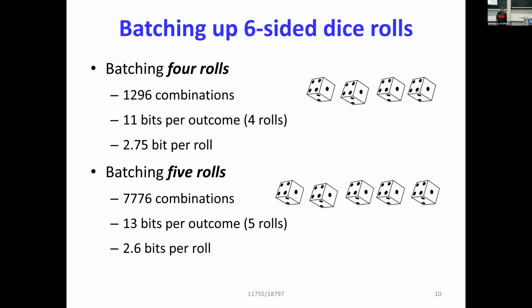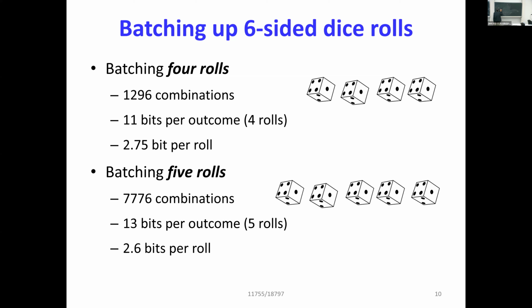Right. So as I keep batching things, this is the size of the batch: 1, 2, 3, 4, 5, 6, and so on. If I was sending individual outcomes, it was 3, right? If I was sending pairs, it became something like 2.66.